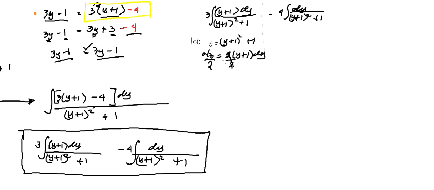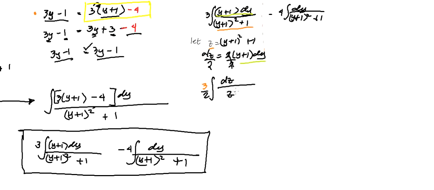And as you can see, we have the term (y plus 1) dy, so we can let that equal to dz over 2, and then the denominator is just equal to z. Then we have 3 times the integral of dz all over 2, or we let the 1/2 outside the integral sign, and then (y plus 1) squared plus 1 is just equal to z.